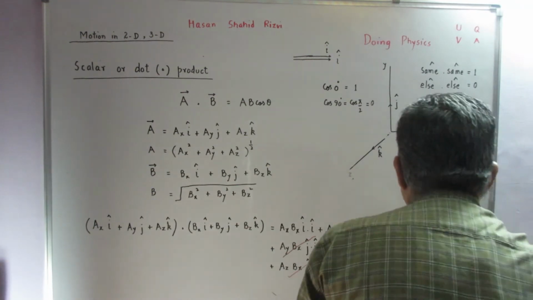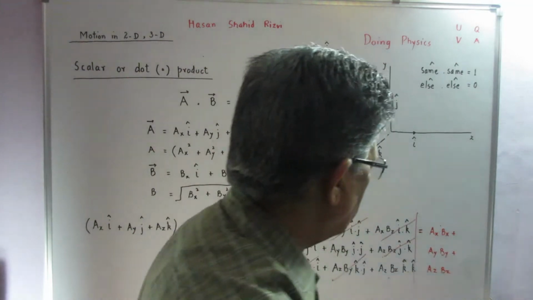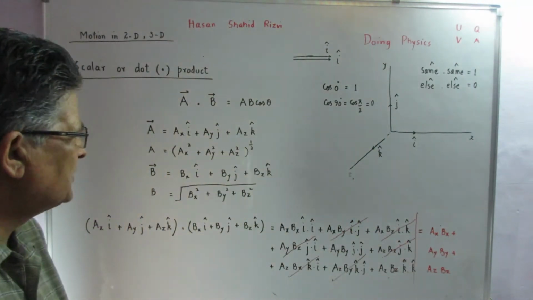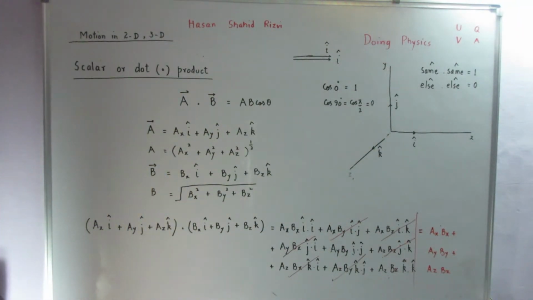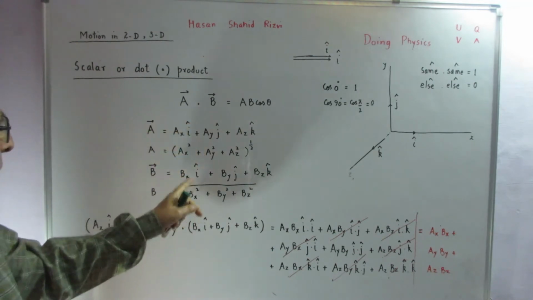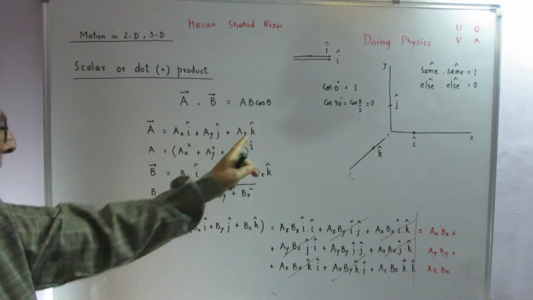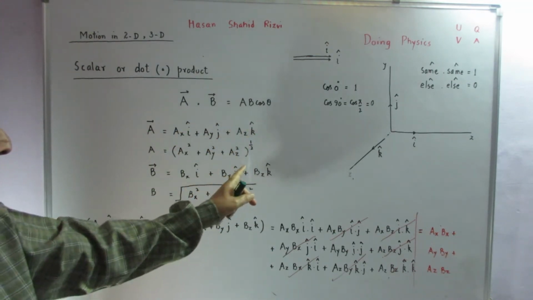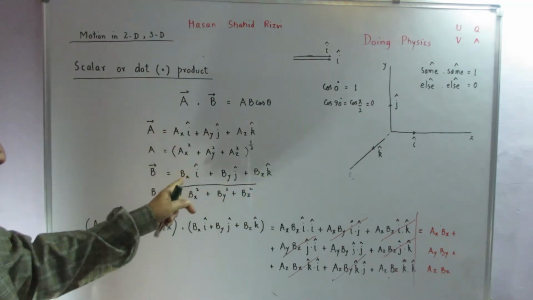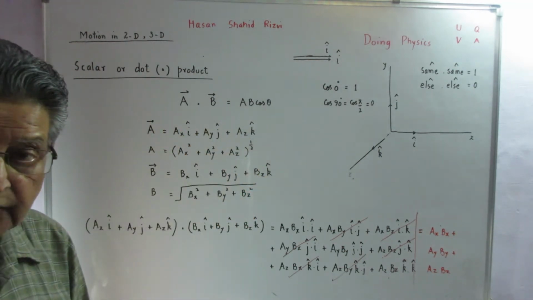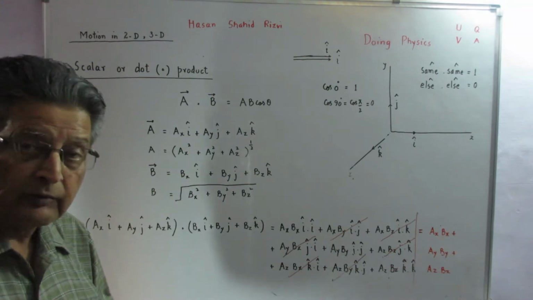So very simple. Look here, in these two equations, i cap, j cap, k cap, they are all sort of constants. They are all invariants.